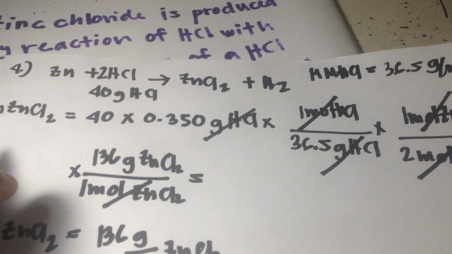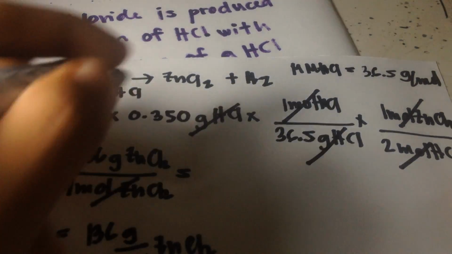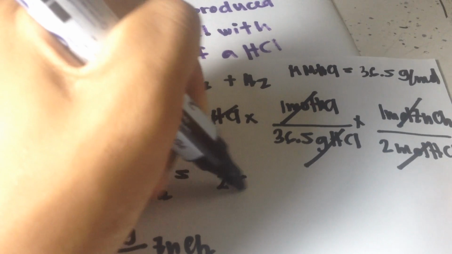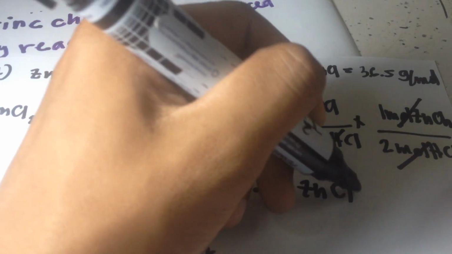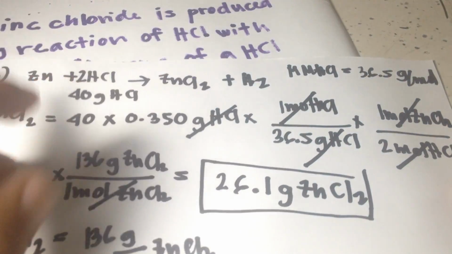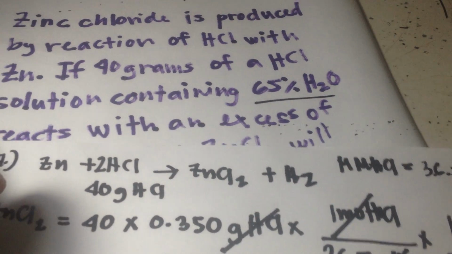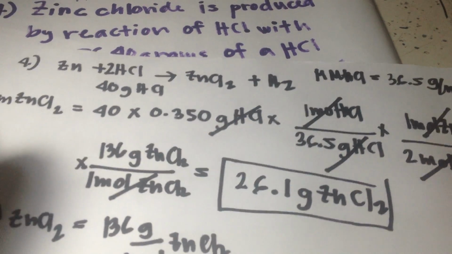So the answer is 26.1. So 26.1 grams of zinc chloride. So that is the final answer. Okay? Did you get it?